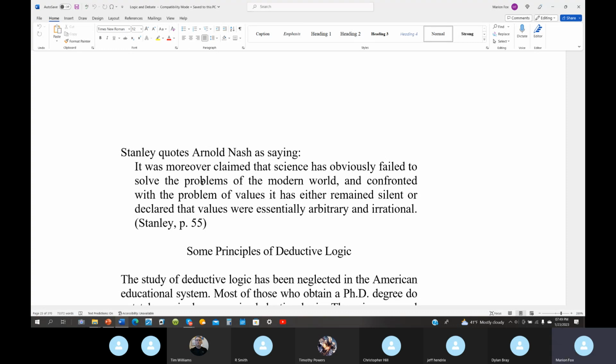Why? You see, John Dewey got our school systems convinced that science is the only way you know anything, but you can't know right and wrong by science. Let's go back and read this again. It's moreover claimed that science has obviously failed to solve the problems of the modern world, confronted with the problems of values. Now that will be axiology, say. It has either remained silent or declared that values are essentially arbitrary and irrational.